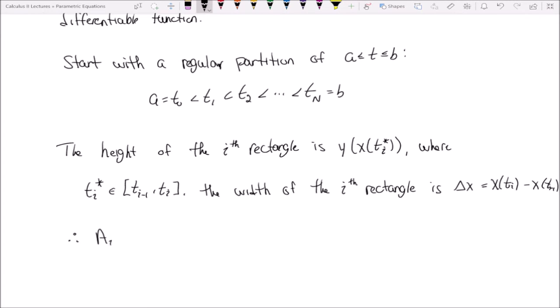Therefore, the area of the ith rectangle is y(x(ti star)) times delta x.